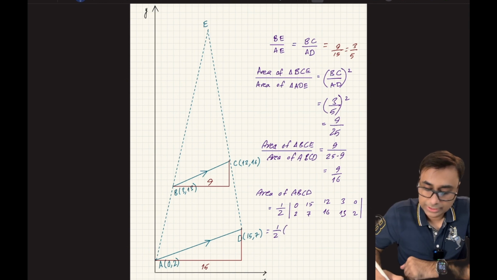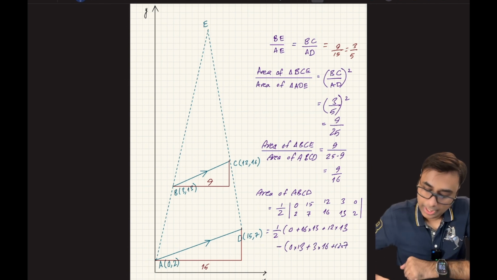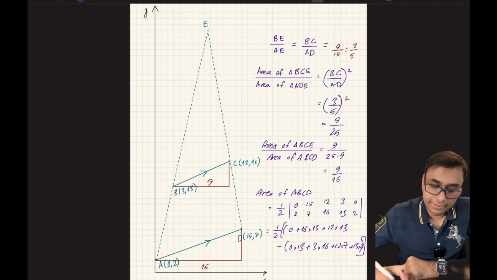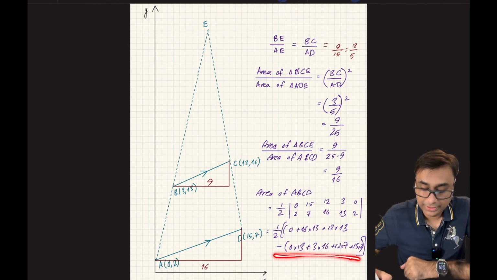7 times 0 is 0, plus 16 times 15, plus 12 times 13, and then minus 0 times 13, plus 3 times 16, plus 12 times 7, and plus 15 times 2. So if I would find this, I will be able to get myself the area of ABCD.